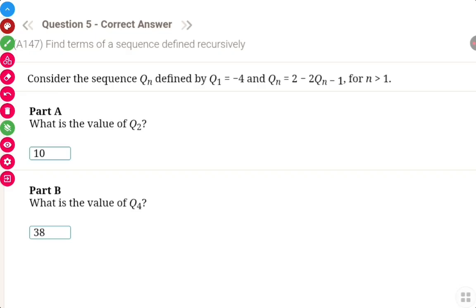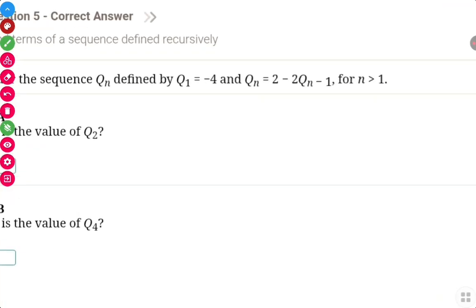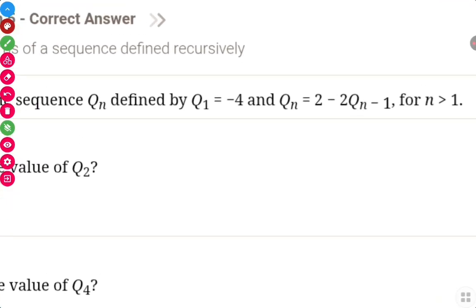Okay, they gave us this sequence. n is just the number of the term in the sequence, so n is what we're substituting. They told us q_n is equal to 2 minus 2 q_(n-1).